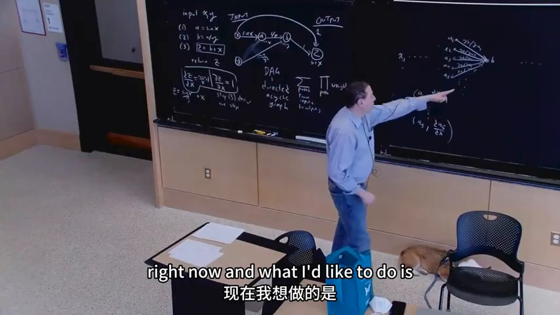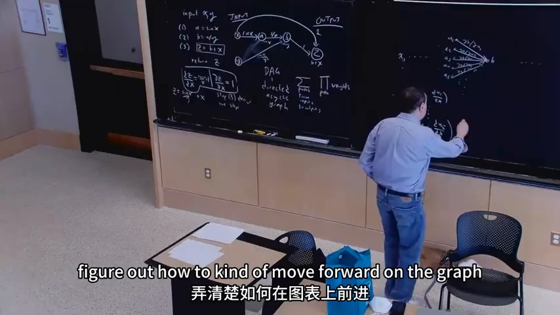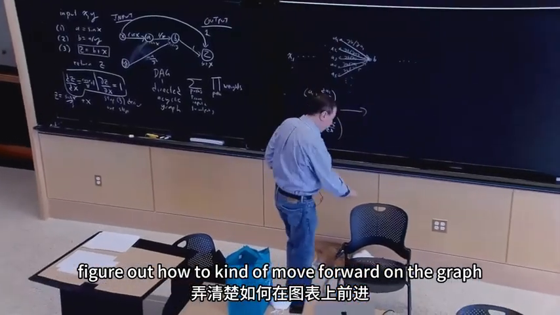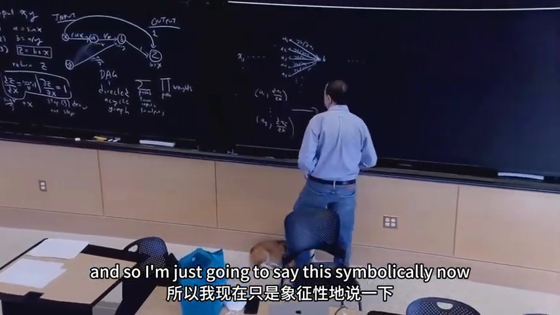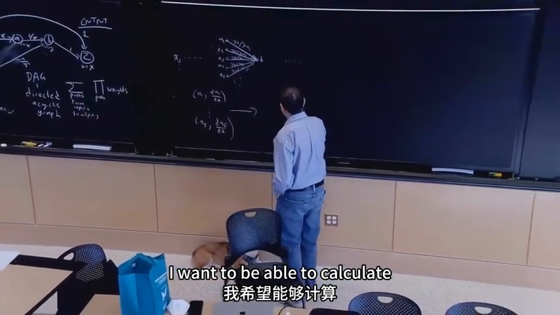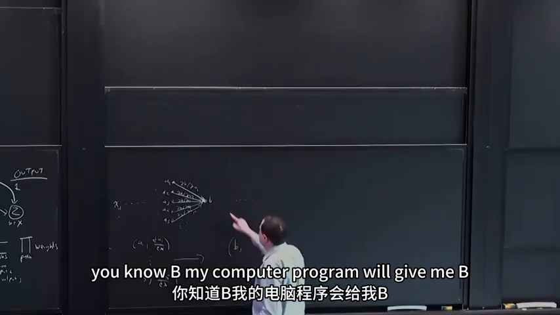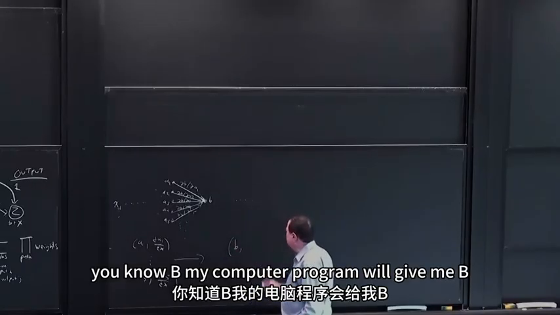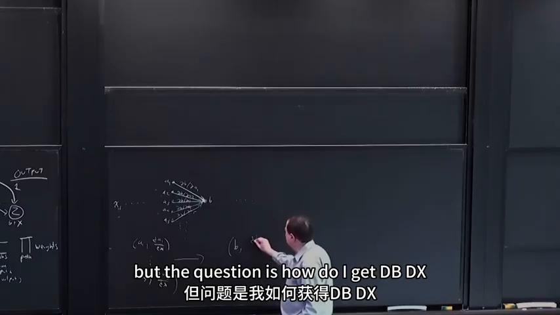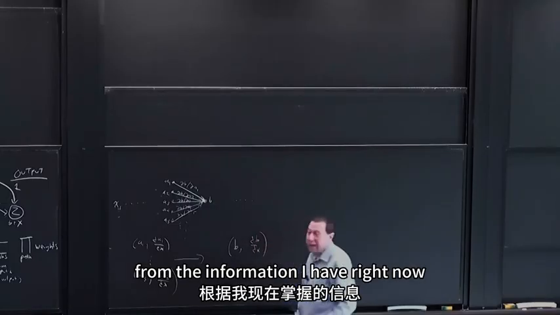That's the information I have right now, and what I'd like to do is figure out how to move forward on the graph. I'm going to say this symbolically. My computer program will give me b, but the question is, how do I get dB/dx from the information I have right now?